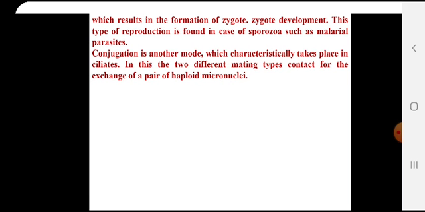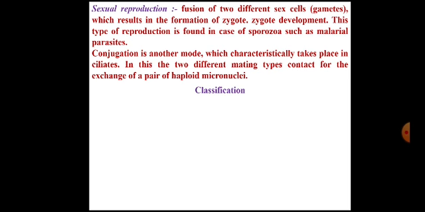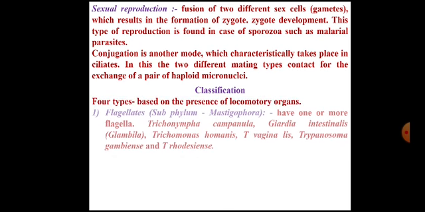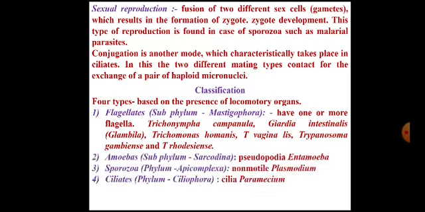In the same way, the genetic material from the other protozoan is transferred into the first protozoan. So this is how there is exchange of the genetic material, which is called conjugation. The classification of protozoa, we'll see a little later.